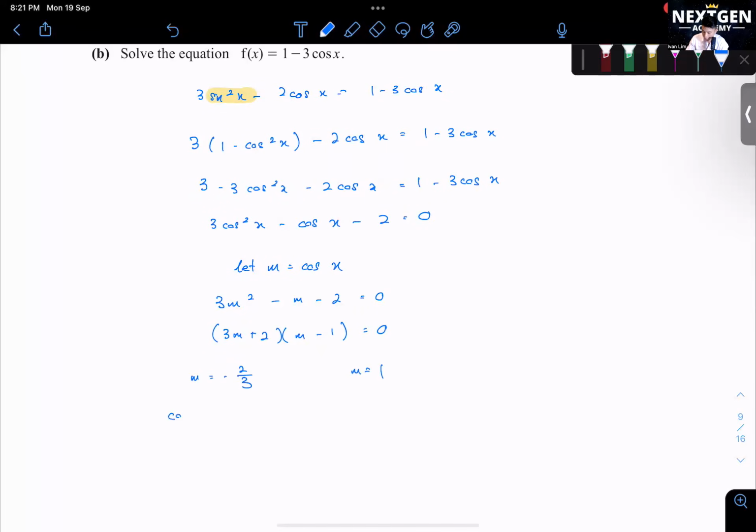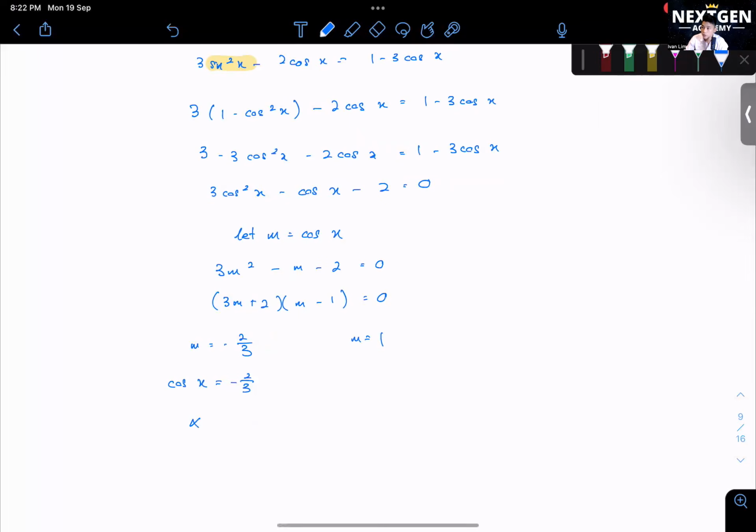Okay, this one we change back to cos x. So cos x equals to negative 2 over 3. This whole question is in radian, right? So we solve it in radian. So alpha, this one 0.84.